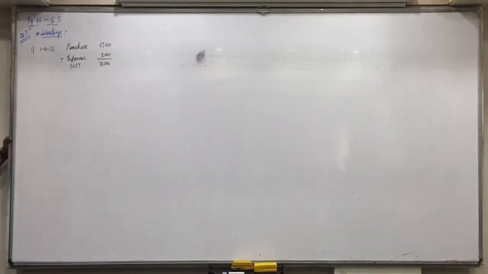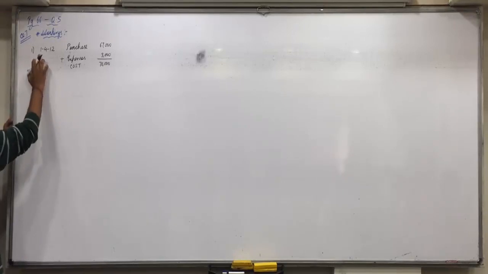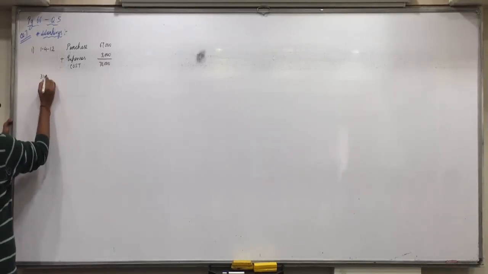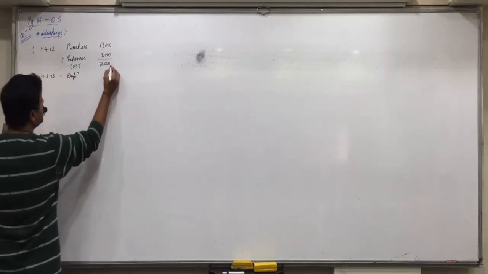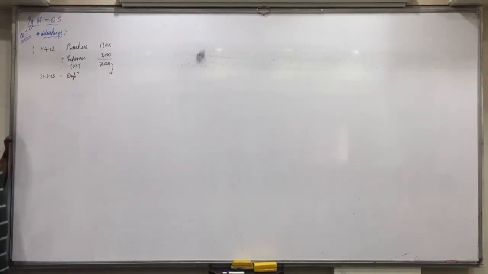Now simply depreciation is to be provided, no other transaction is there. So the question is not to be read now. 3 years we have to do it. 1/4/12 will end on 31/3/13, minus depreciation. In the question, the rate of depreciation, all of you can see, is 10%.